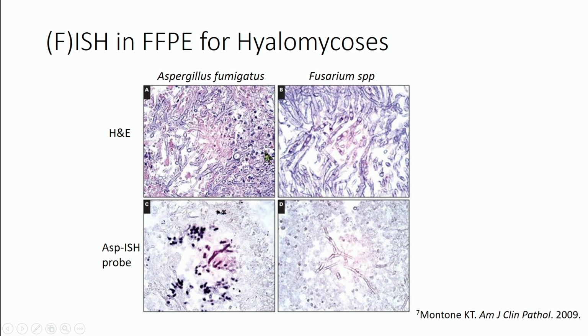On H&E, you see that the Aspergillus and the Fusarium both look a lot alike, so having some sort of organism-specific test is really important. The Aspergillus ISH probe readily detects the Aspergillus hyphae, but not the Fusarium hyphae. There was a little background staining, I think probably just from the counterstain. And she's published this in a number of ways over the last decade.